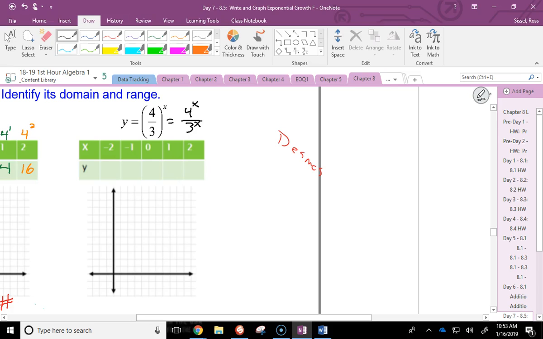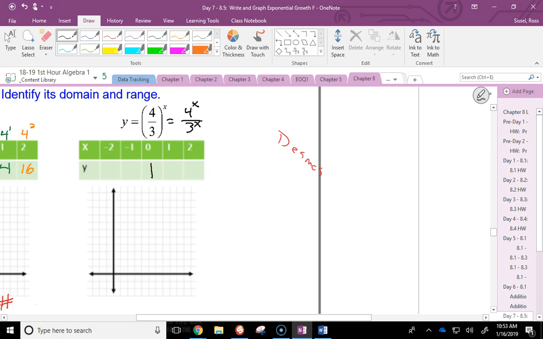We have to put the exponent to both. So when the exponent is 0, well, 4 to the 0 power is 1, 3 to the 0 power is 1. Remember in class, I think Grace had pointed out that we knew when we didn't have the a in our equation that it would be 1.